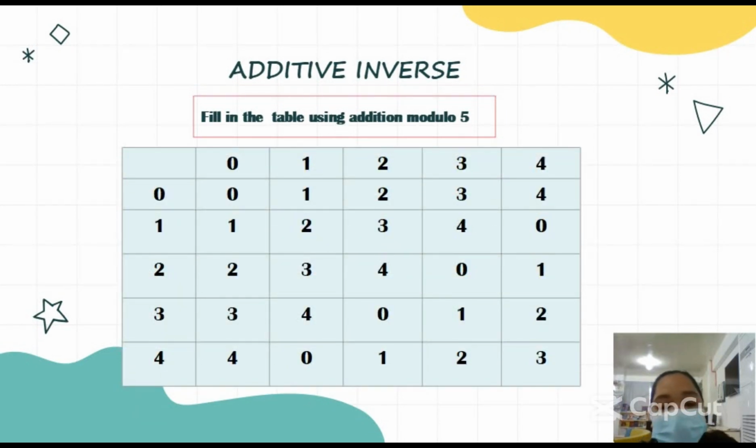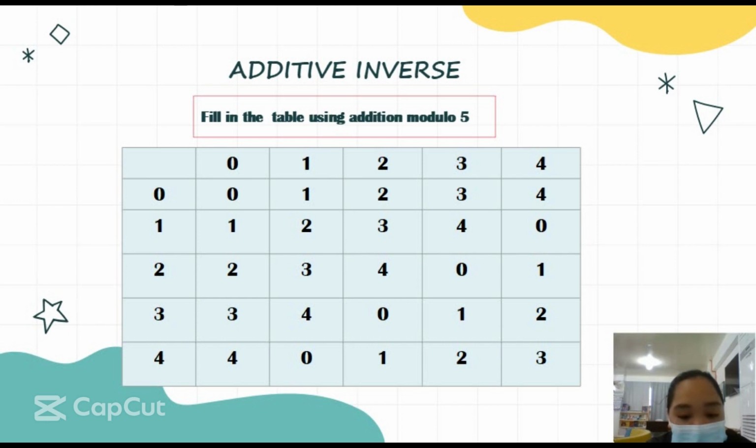Here in the table, we fill in the table using addition modulo 5. I have here 0, 1, 2, 3, 4, and on the upper side is the remainder.